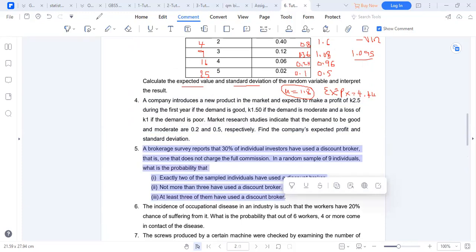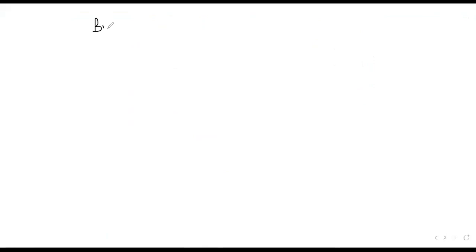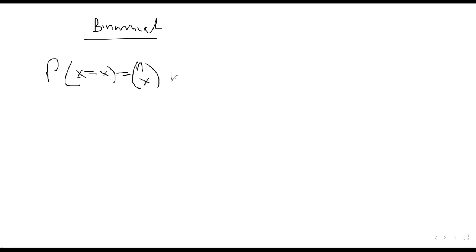When I'm dealing with binomial distribution, you must understand the formula for binomial, which is given by P(X = x) equals n combination x, p^x, q^(n minus x). So if we're given our n maybe as 10, our p maybe as 20%.